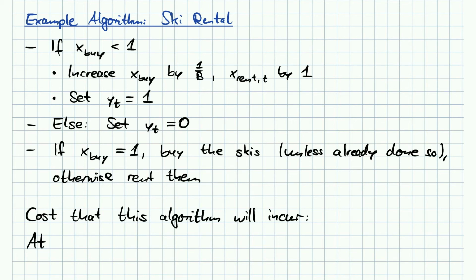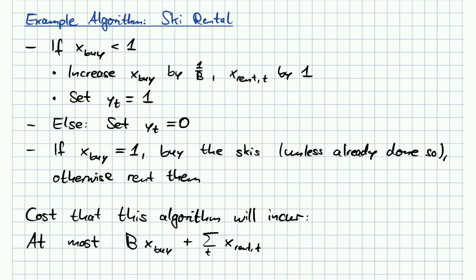It's actually even a little less than what I'm writing down here for tiny technical reasons, but it is surely less than b times x buy plus the sum of the x rent t.